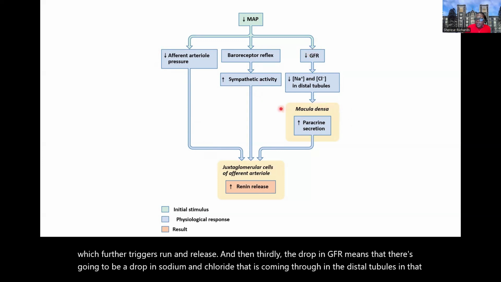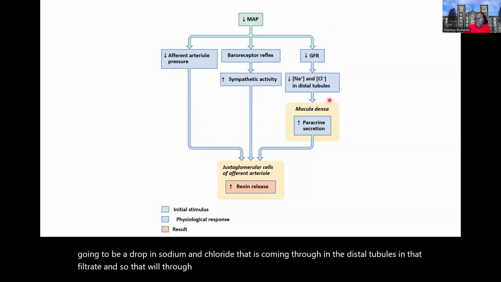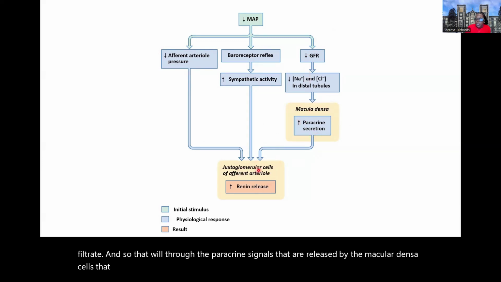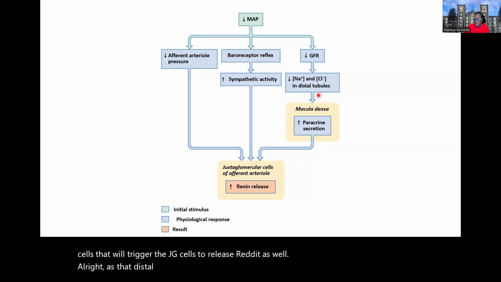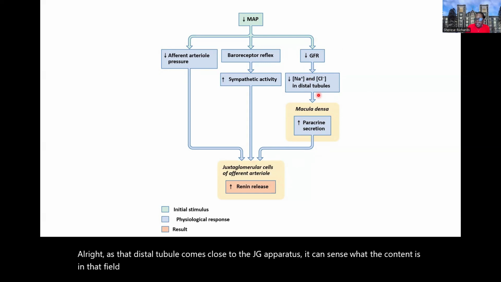And so that will, through the paracrine signals that are released by the macula densa cells, trigger the JG cells to release renin as well. All right, as that distal tubule comes close to the JG apparatus, it can sense what the content is in that filtrate, and then it can send signals to fine-tune renin release to correct those changes in the distal tubule.